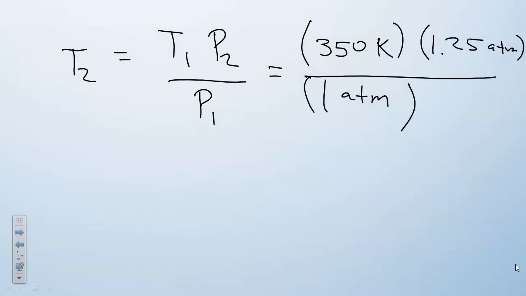Once again, atmospheres cancels with atmospheres, and when we solve the problem, we find that T2, the temperature to which we must heat the gas, is equal to 438 Kelvin.